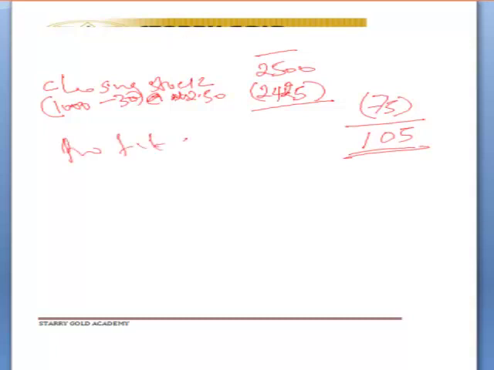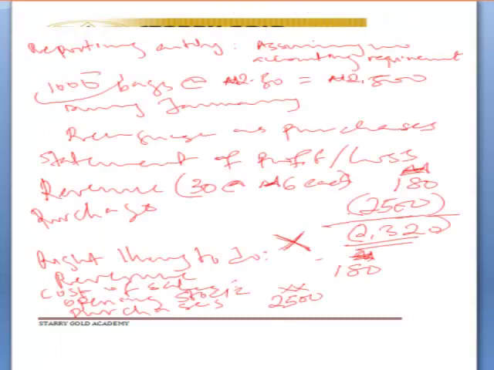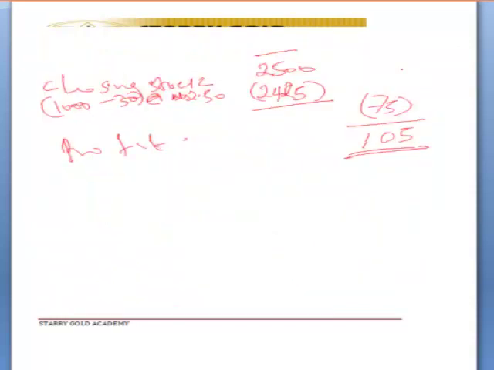Don't forget, our previous layman definition without an accounting requirement gave us a loss position of 2,320, but what we have here gives us a profit position of 105.